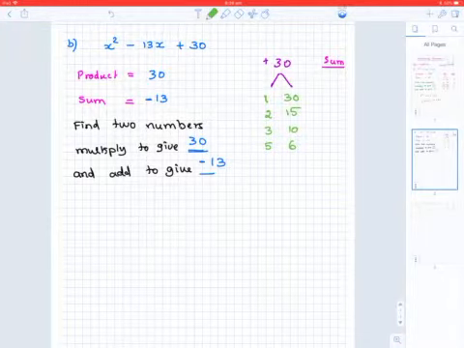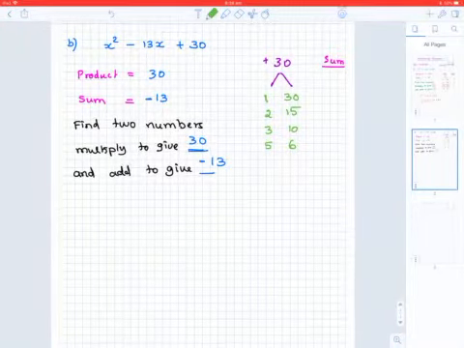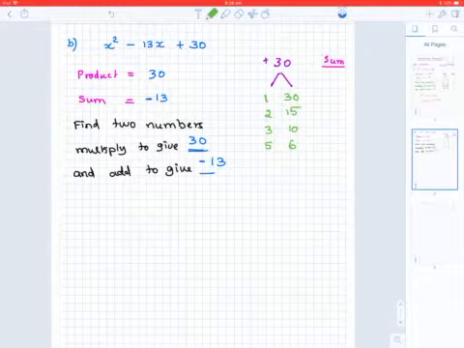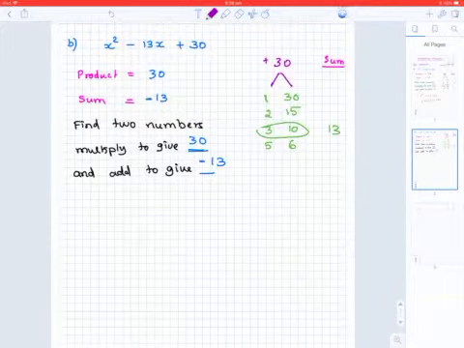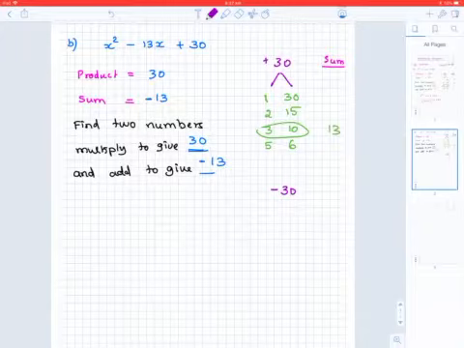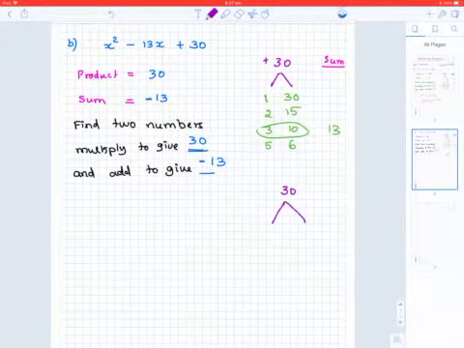And when you look at the sum, because the sum has to be negative and the product is positive, both numbers have to be negative. Now, if I add the numbers, actually the sum here gives you 13.